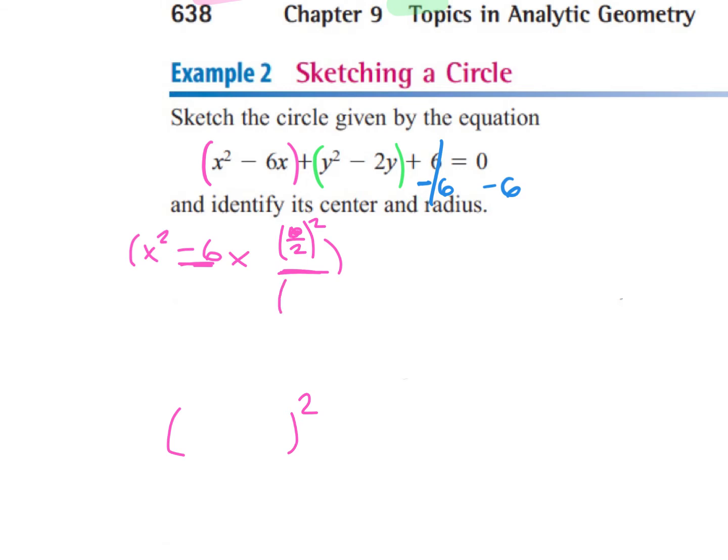So here we're inserting (-6/2) squared. So what's negative 6 divided by 2? Negative 3. So we always take the x that's squared, and then we take whatever this number is and put it into our parentheses down here. So this would be x minus 3.